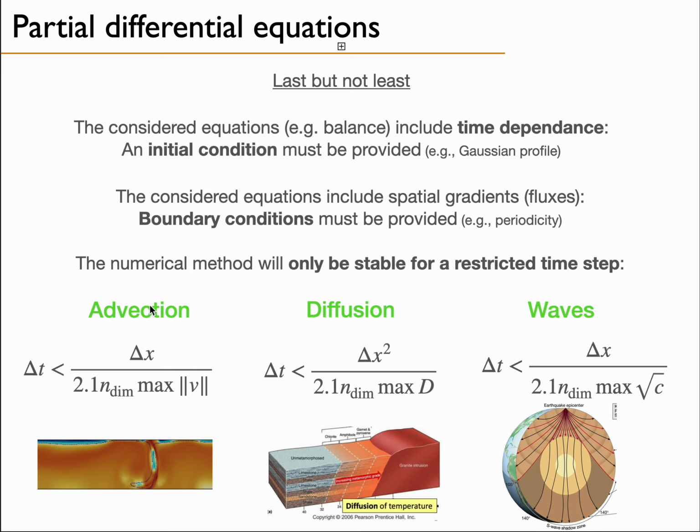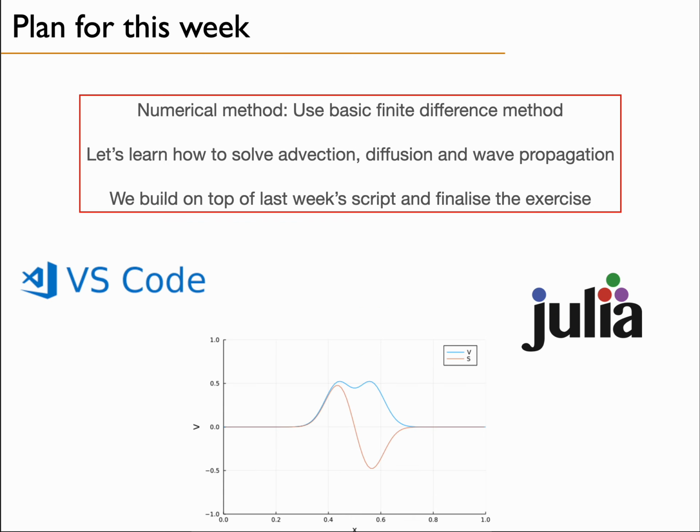So for the advection case, the time step value will be proportional to delta x and to the maximum absolute velocity in the domain. For the diffusion, it's proportional to delta x squared and the diffusion coefficient. And for the waves, it will be proportional to delta x and the velocity of the wave. So that's it for the lecture part.